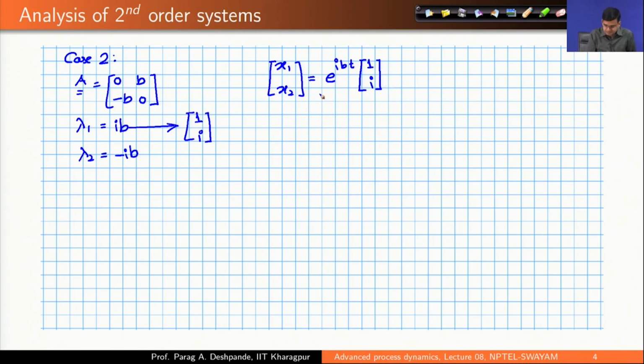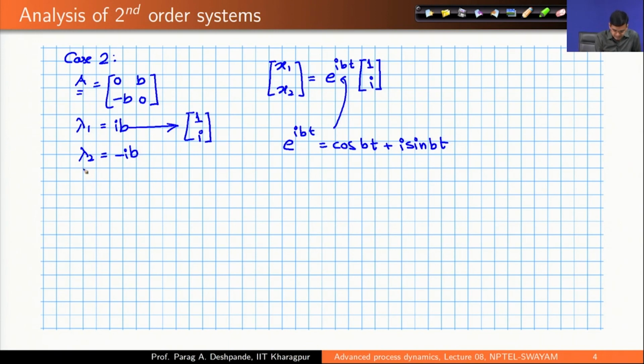This is the solution, and what I will then do is I will convert e to the power i b t like this, e to the power i b t is equal to cos b t plus i sin b t.